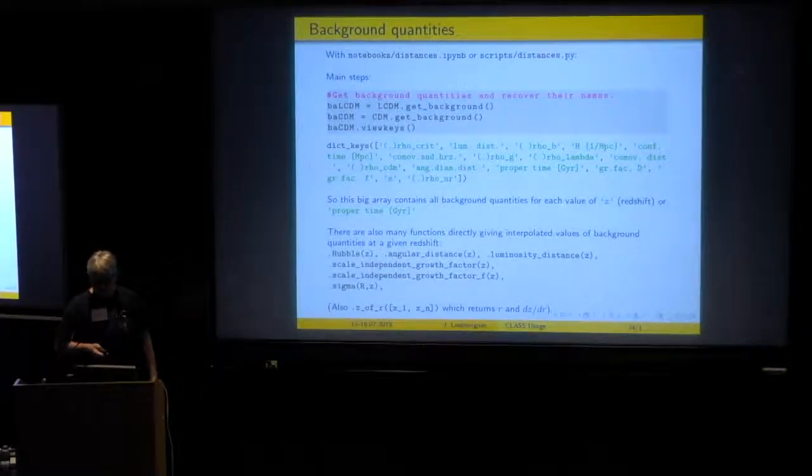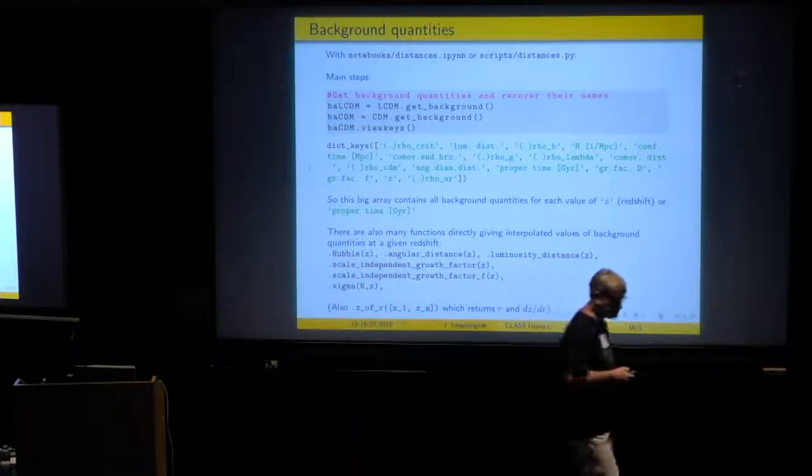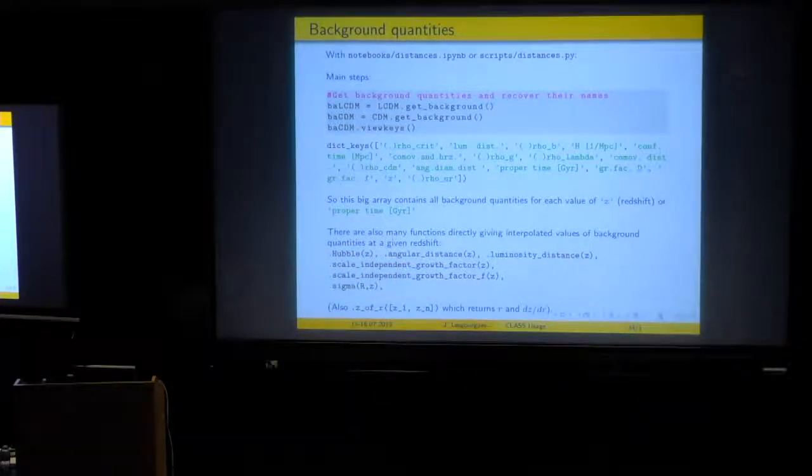Okay, so I'm still in my script distances.py. I've not finished explaining it. I didn't tell you how to extract background quantities from CLASS. So we have seen functions for the P(k), we have seen functions for the Cls. There are also other functions for the background and the thermodynamical evolution.